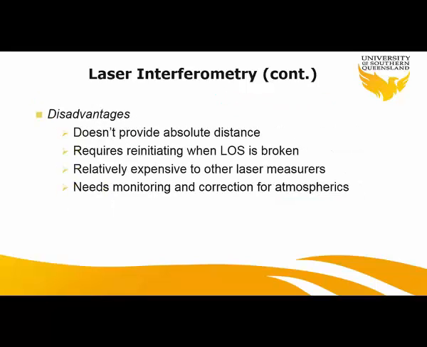But the disadvantage of this system is, as I told you, it does not provide absolute distance, guys. It only gives you relative distance. And also, like any other system, it can be interfered with or the line of sight can be broken, especially if you're working in an environment where many people or cars are moving around.